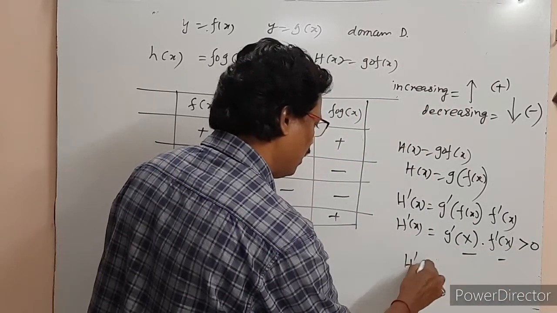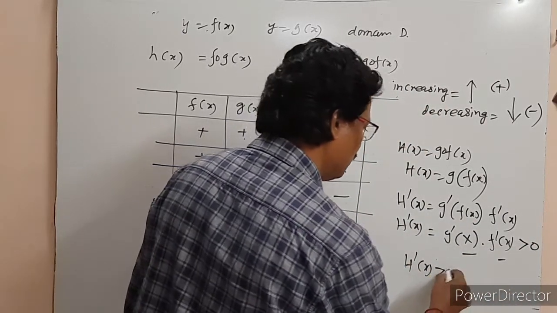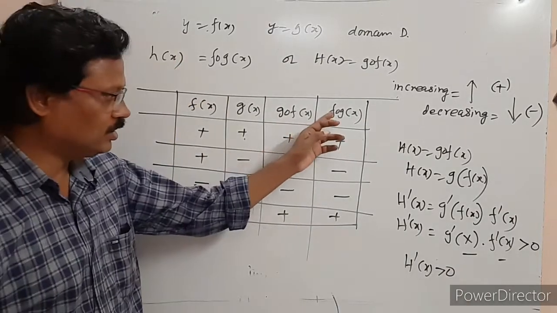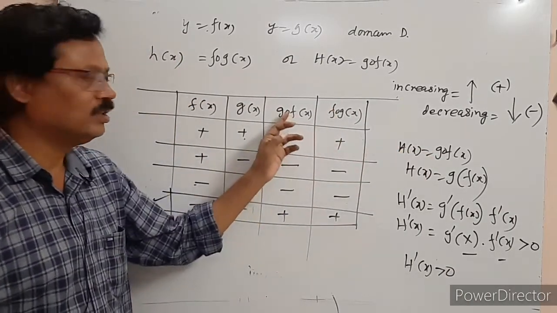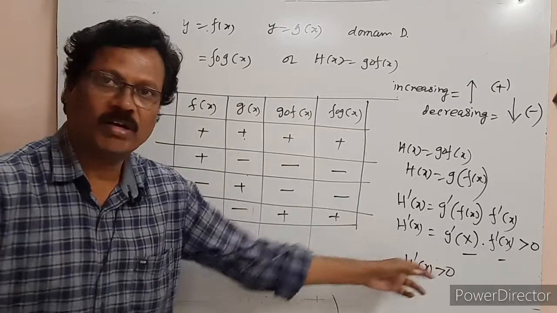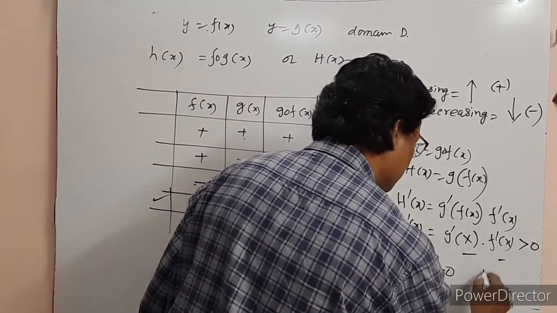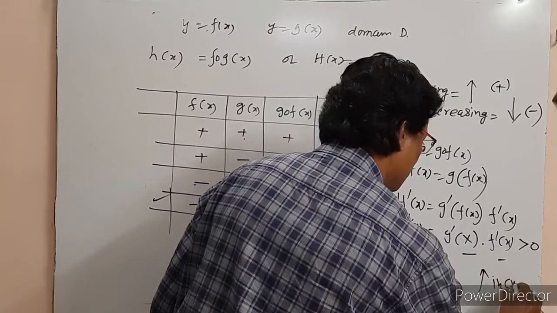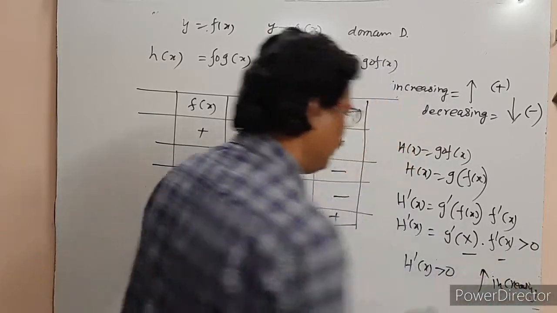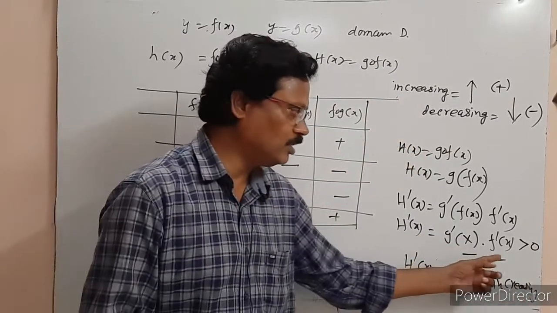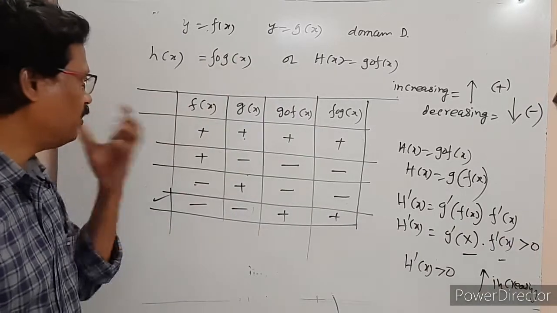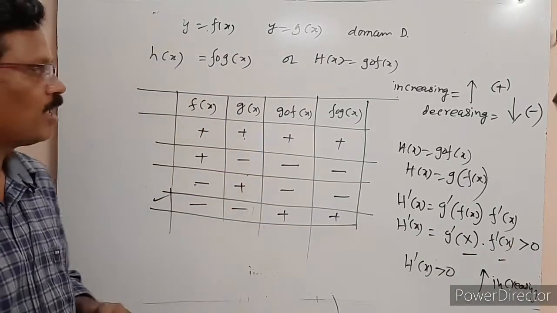Therefore now we got h dash x is greater than 0. Therefore h of x, g circle f, is plus, therefore it is increasing. Okay? This is increasing. Therefore by this application, minus into minus plus, the same application we are applying for all of this.